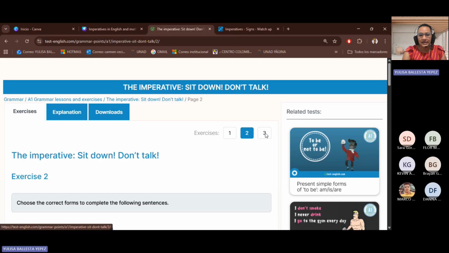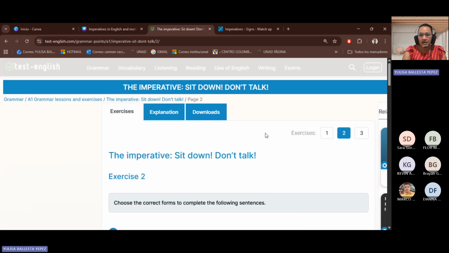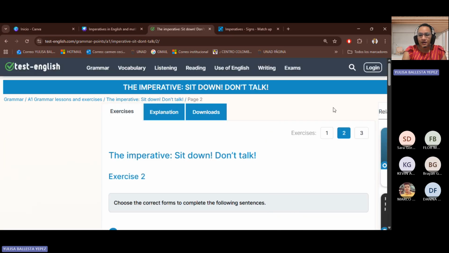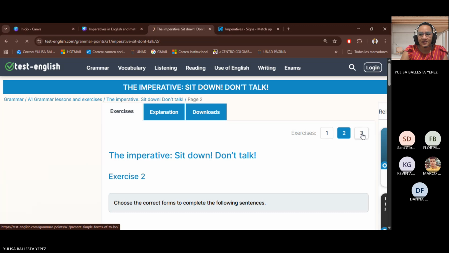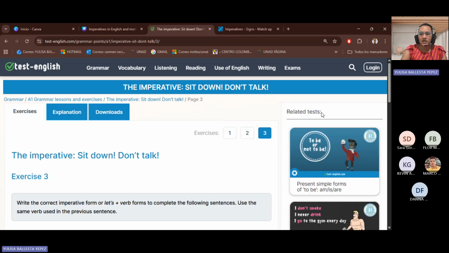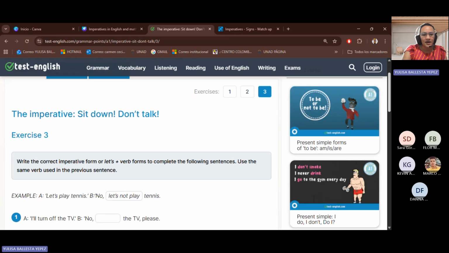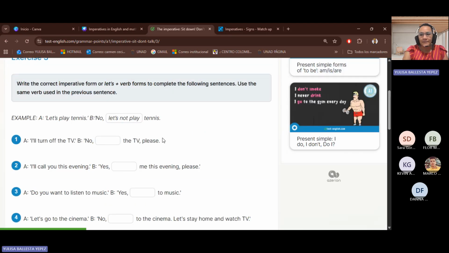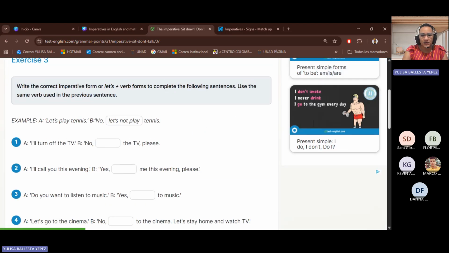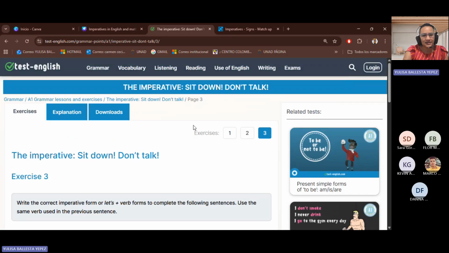And finally, you have exercise number 3, where you are going to do the following activity. Number 3, you have to write this exercise, okay? But this one is going to be in the next class. Only you're going to do 1 and 2 exercises.